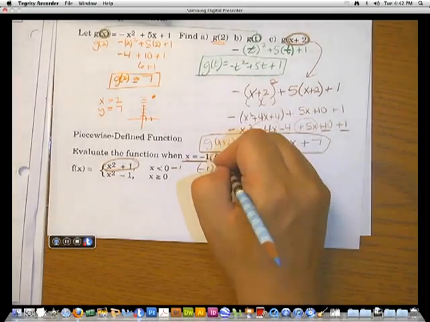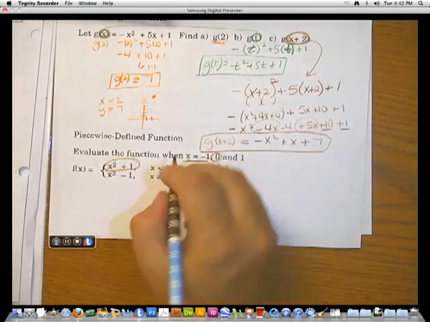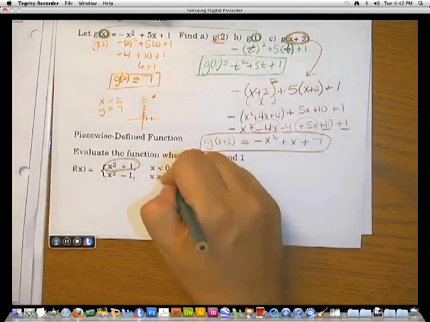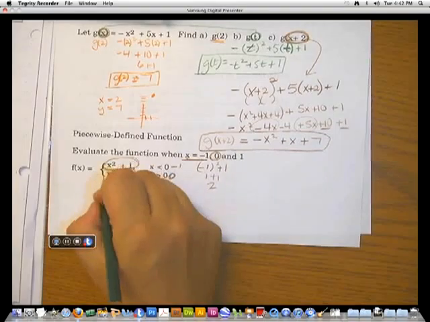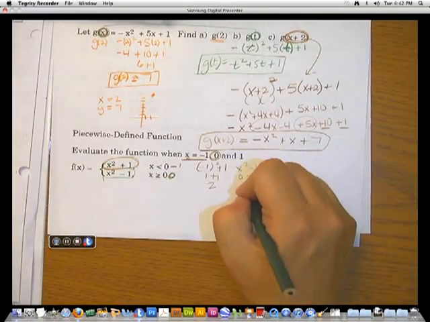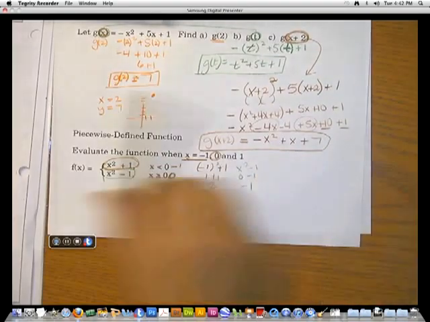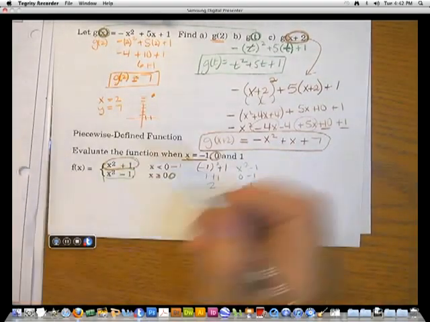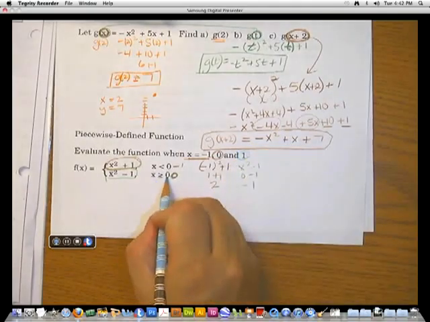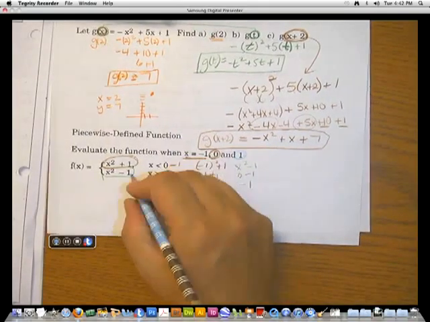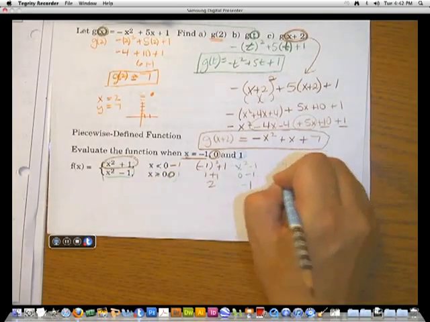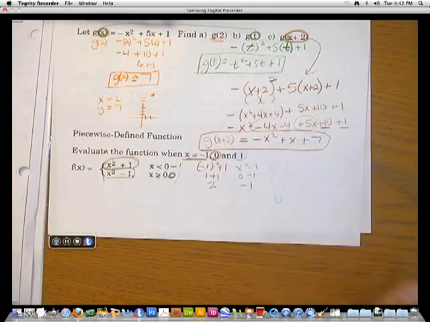When I look at 0, well, that's equal to, so that means 0 is only going to be using the second function. X squared minus 1, 0 minus 1 is negative 1. And then if I have the value of 1, when x is 1, it uses also this second equation. So x squared minus 1, 1 squared minus 1 is 0.